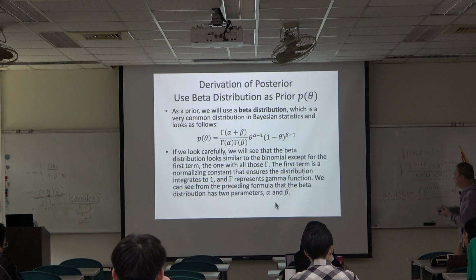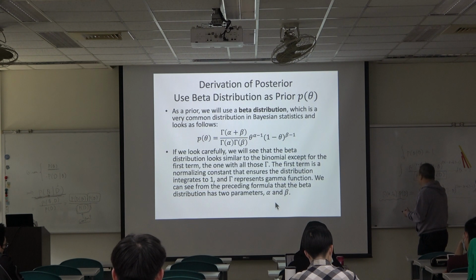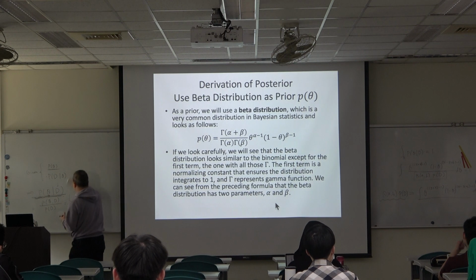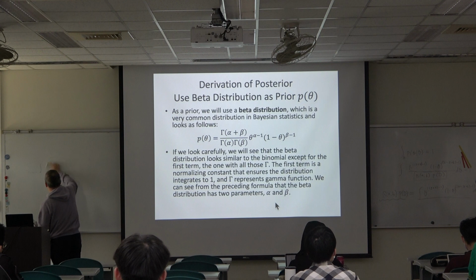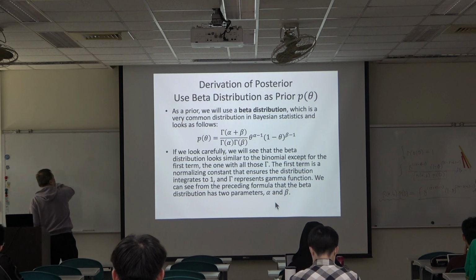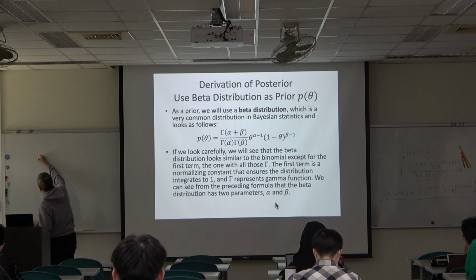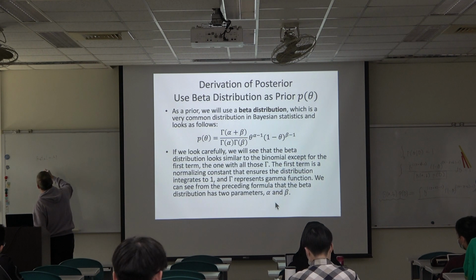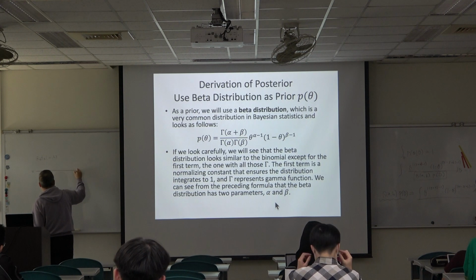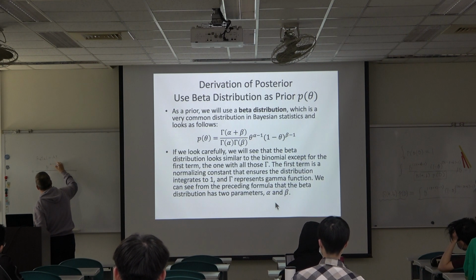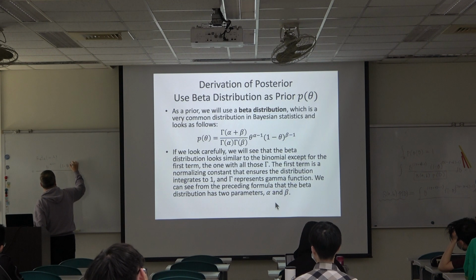It's probably easier to use the beta distribution with parameters A, B. It is theta to the A minus 1 times 1 minus theta to the B minus 1.